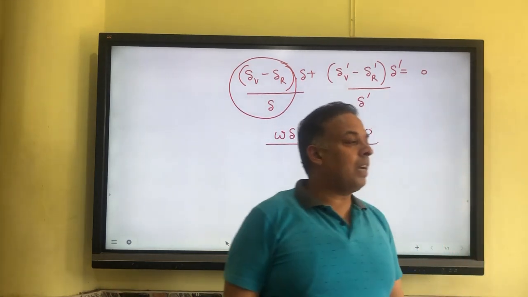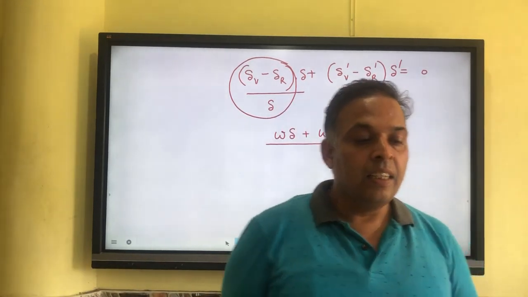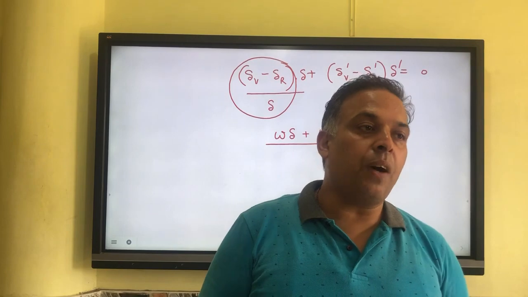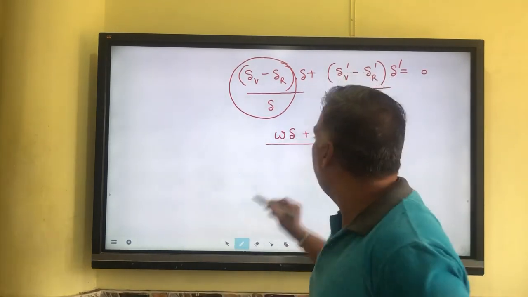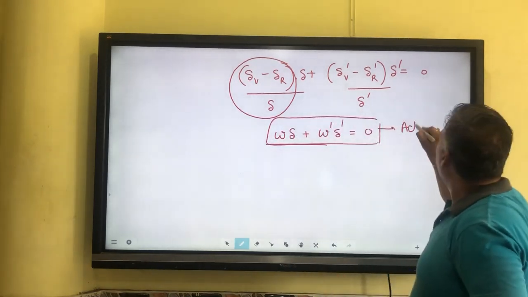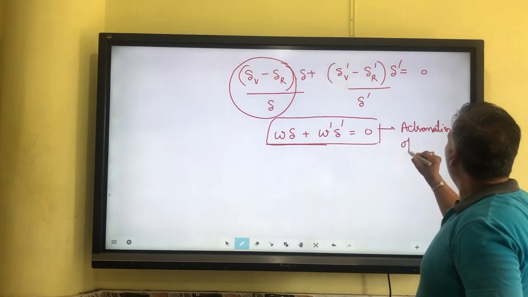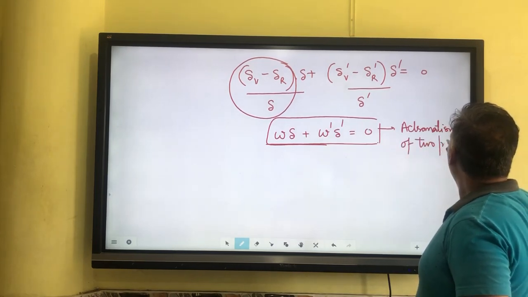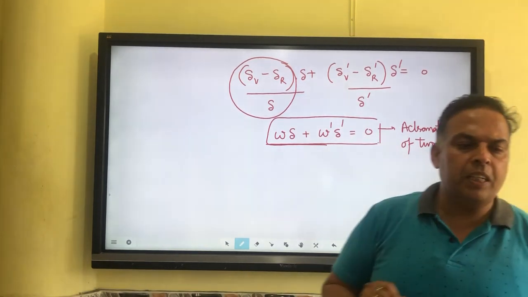This condition is for achromatism of two prisms. This is achromatism of two prisms.